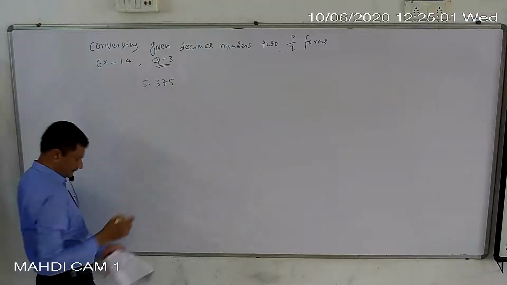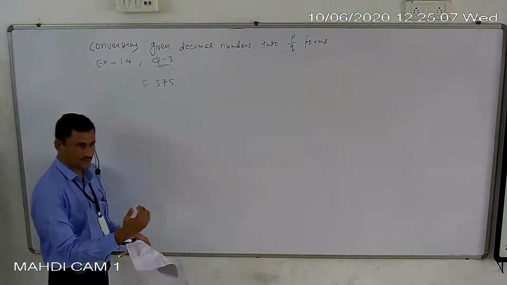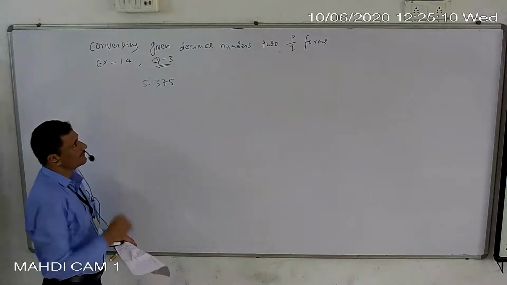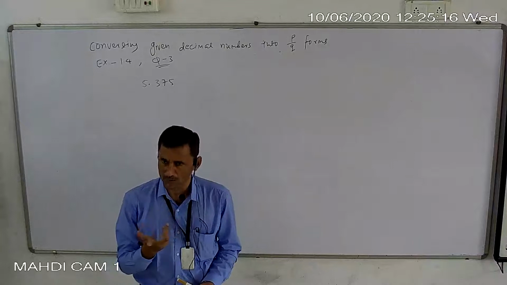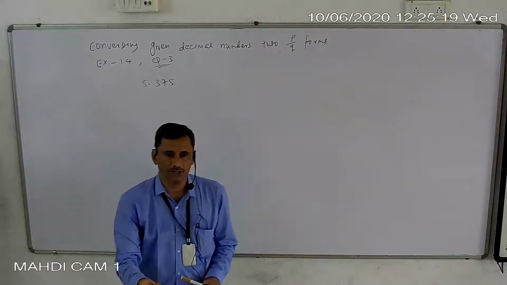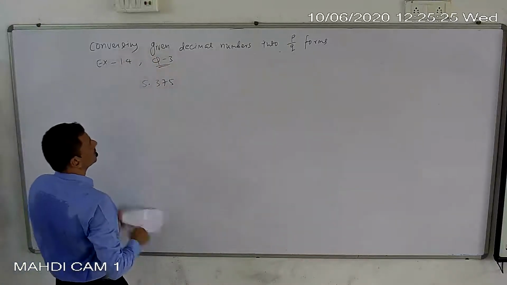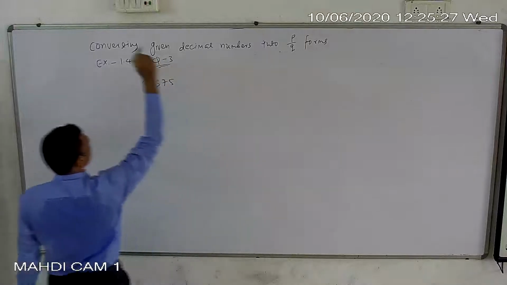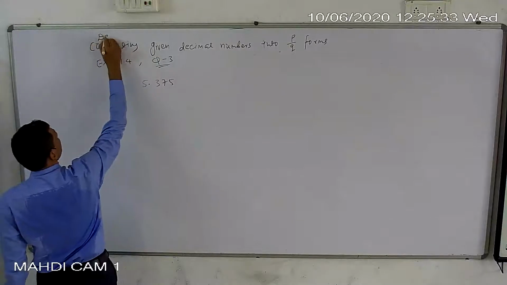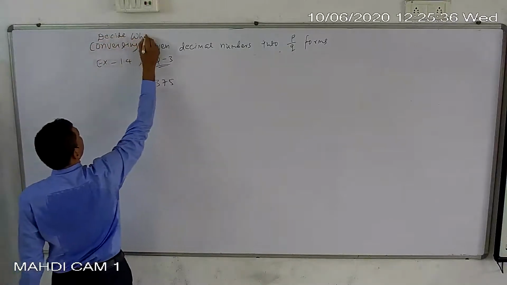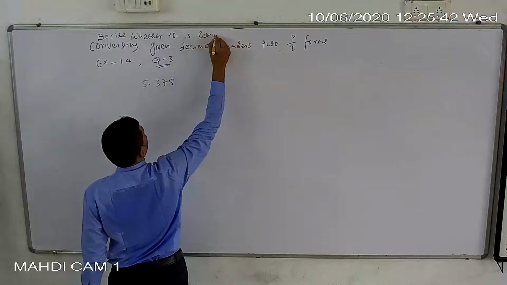How to convert? First of all, give the type of this one. In that question the instruction is like this: whether the given decimal expansion is a rational number or not. If rational, then convert into P by Q form. But before doing this process, we have to decide whether the given one is rational or not.